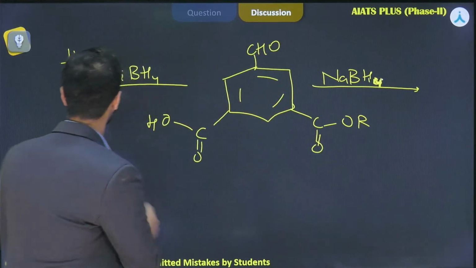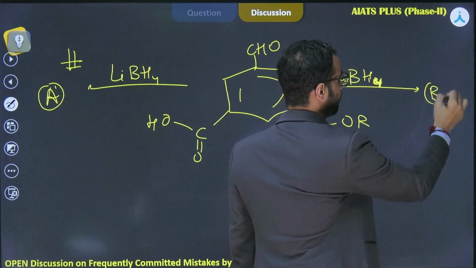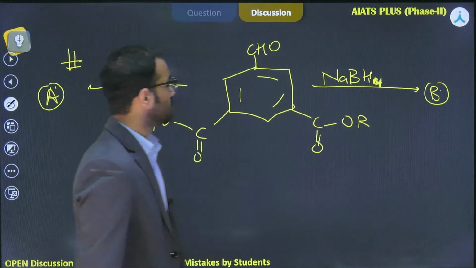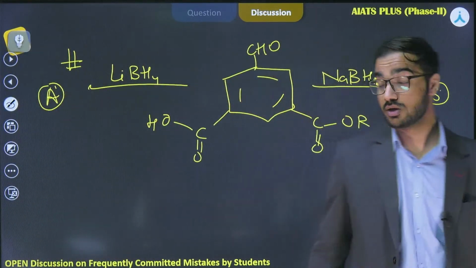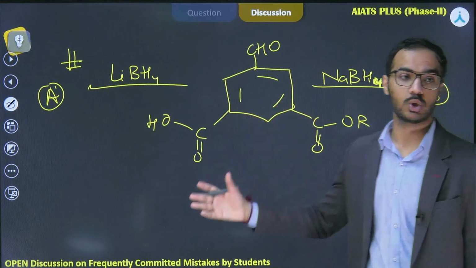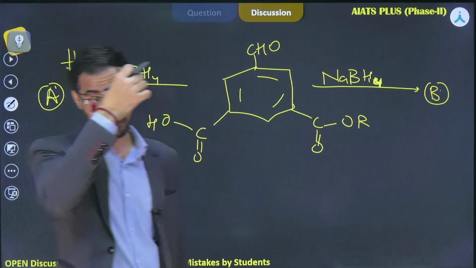So what will be the product formation? Here it is A and here it is B. You can write in the comment section which functional group will be reduced by which of the reagents. Is it clear?